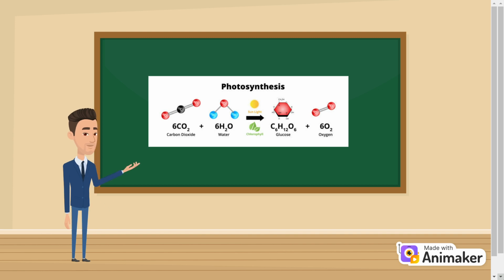Third, what do plants need to grow? Plants require certain nutrients to grow. These nutrients are absorbed mainly through the roots from the soil.